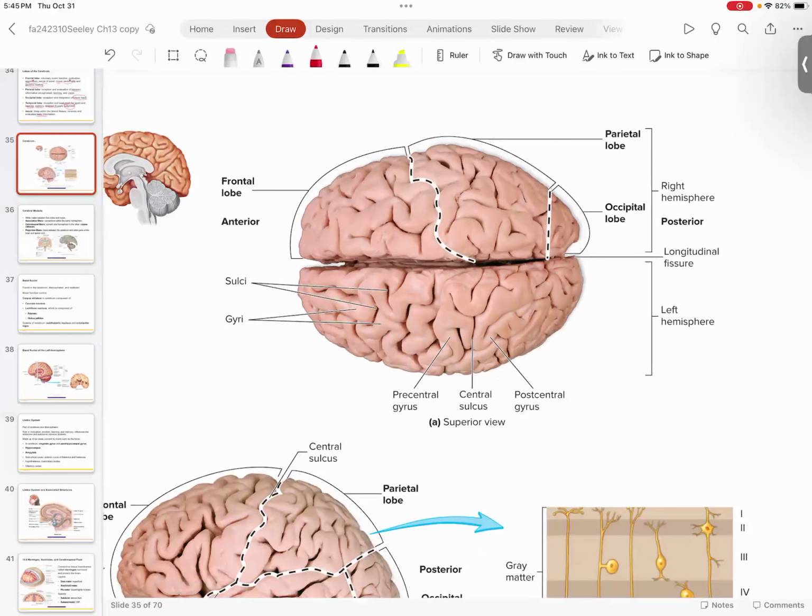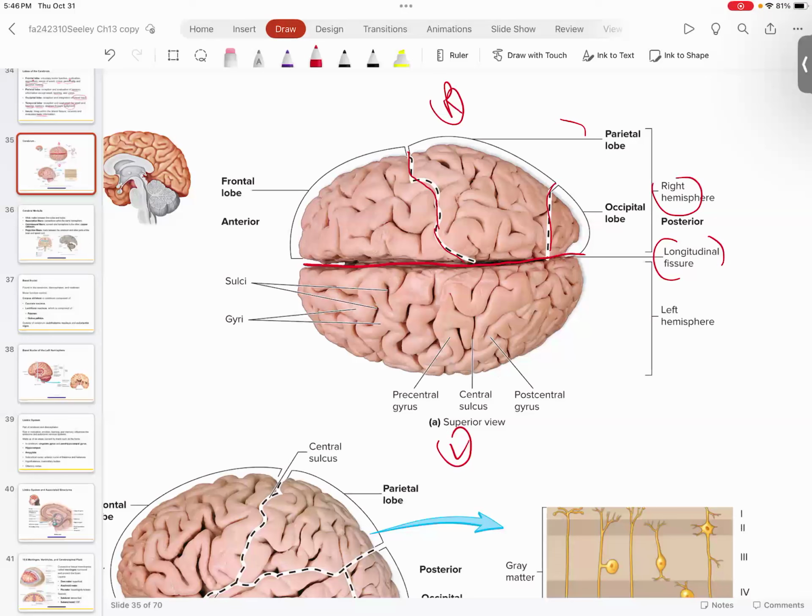So here's kind of what it looks like. Here's your brain. You have your two hemispheres, so your right hemisphere on this side and your left hemisphere over here. This main groove in the middle is your longitudinal fissure. So that's where that guy is right there. Your parietal lobe basically is going to be right about where your parietal bone would be.